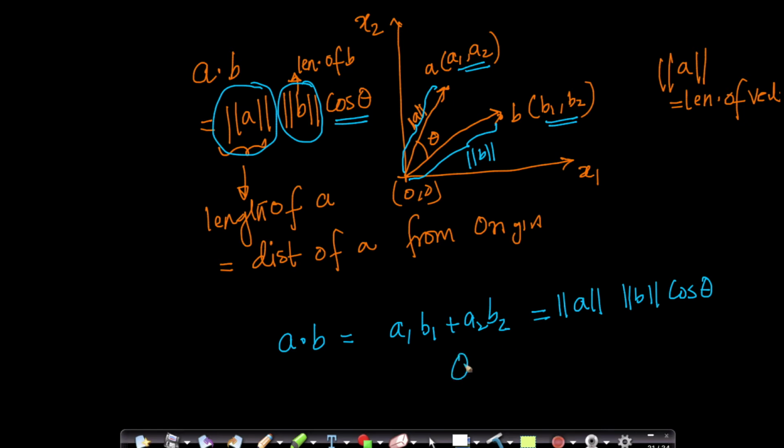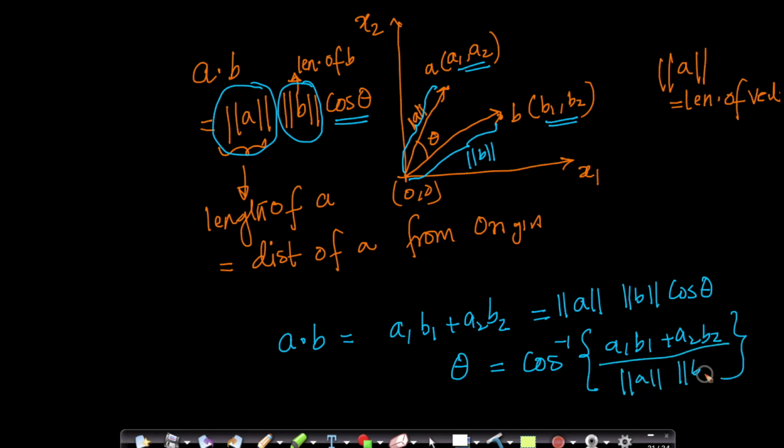Which means theta is nothing but cos inverse, some people also call it arc cos, of A1 B1 plus A2 B2 divided by the length of A and the length of B. And we know that the length of A is the square root of A1 square plus A2 square. We saw this, the distance of a point from the origin, in one of the previous videos. So this is the length of a vector. If somebody gives you two vectors A and B, you can easily find the angle between both of them if you just know the components A1, A2, B1, B2.